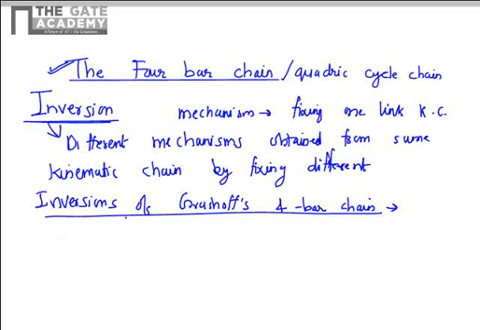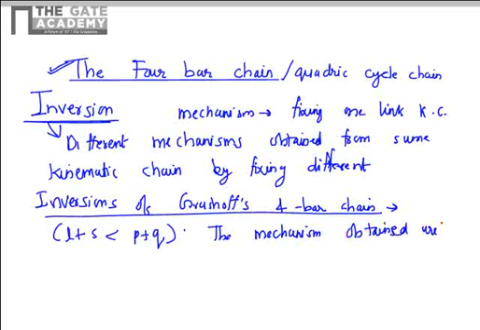So for Grashoff's 4-bar chain, the criterion is that the length of the longest plus the length of the shortest link must be lesser than the sum of the lengths of the other two links. The mechanisms obtained from such a chain which satisfies Grashoff's condition are dependent on the position of the shortest link.